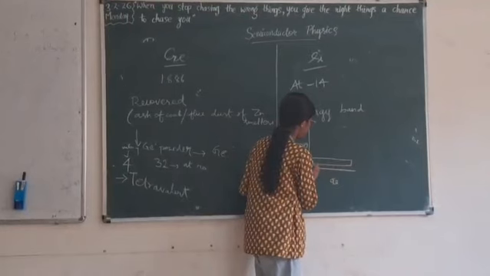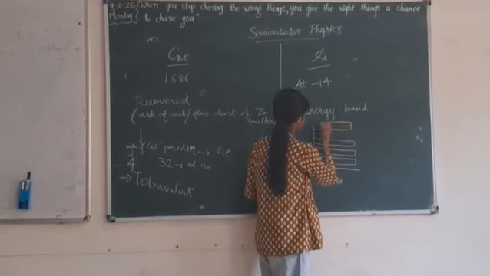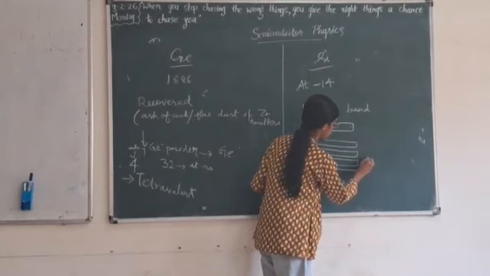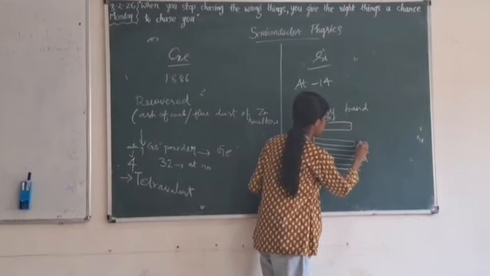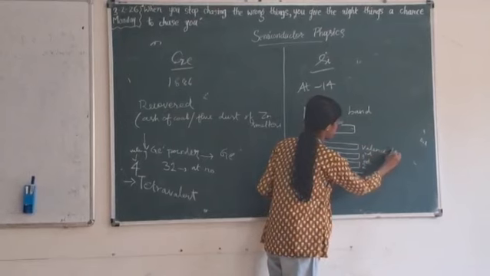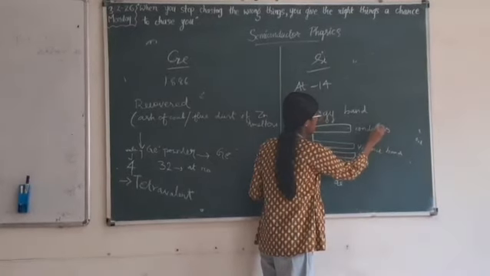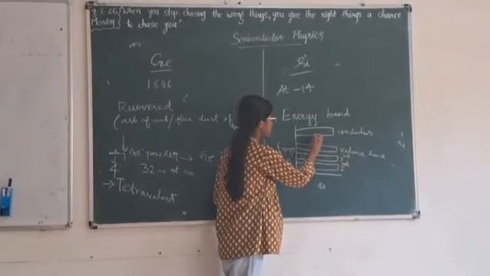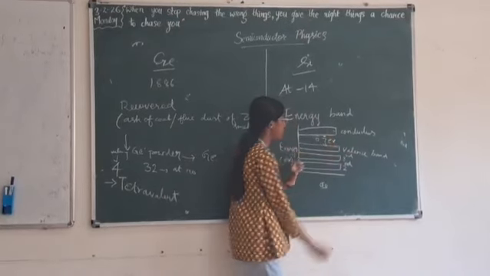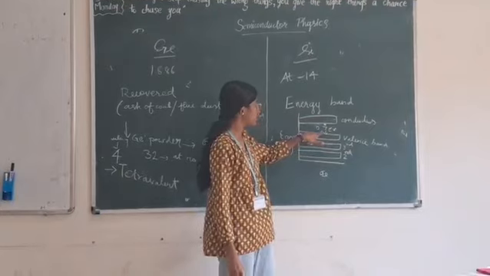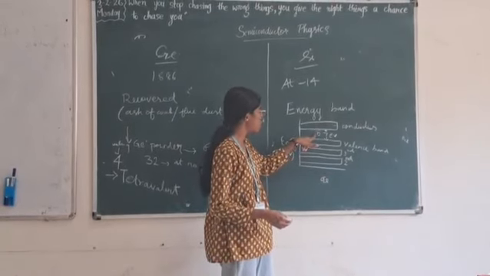So, this is the energy gap of 0.7 electron volt.